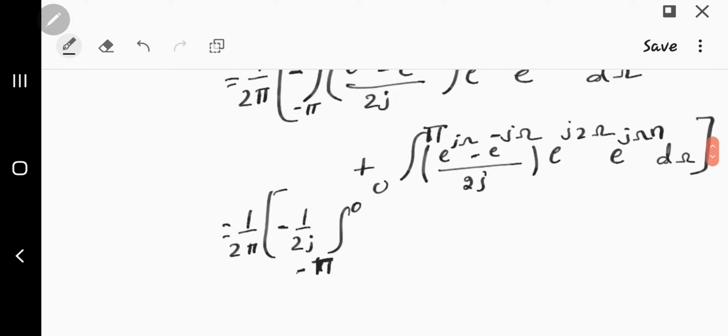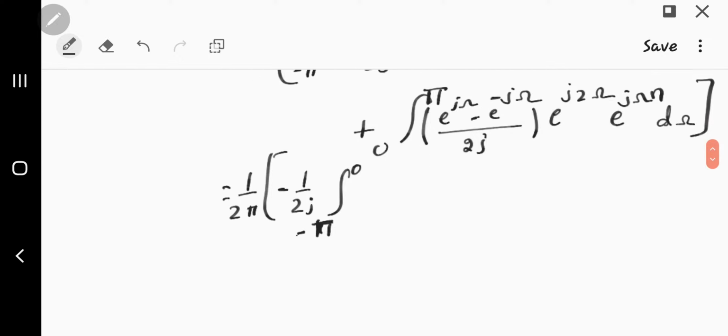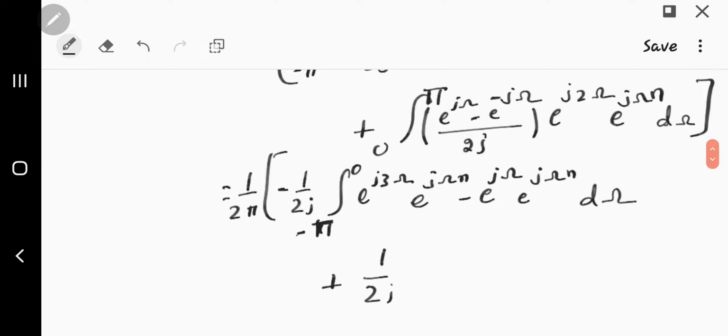If you combine this, that means I multiply with this one, so you will get e^{j3ω} e^{jωn} minus e^{jω} e^{jωn} dω, plus 1 by 2j integral from 0 to π. So the same thing you are going to get here also, only the limit will be different.